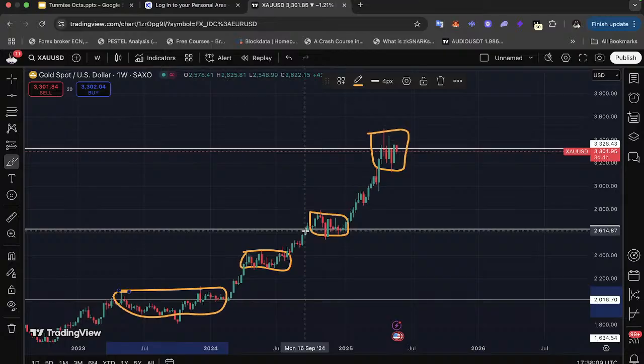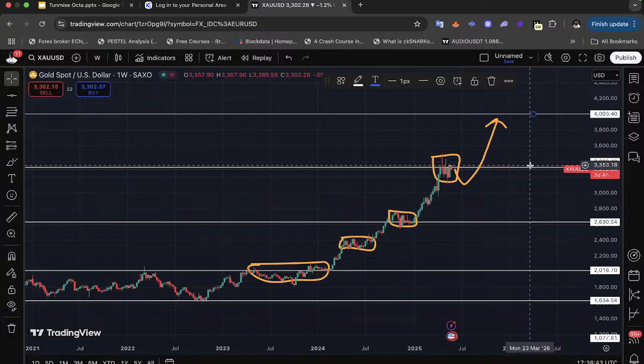So what we might expect is that after any sideways movement, we might see a further push in price on gold. The next target for gold is the $4,000 mark if it swings higher than 3,300, where it's currently rallying.